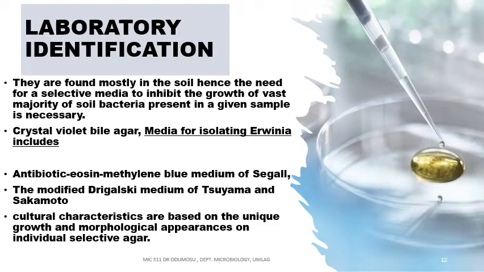How do we identify Erwinia in the laboratory? Because it has a primary soil habitat, this necessitates selective media for Erwinia isolation. Due to their predominant presence in soil, Erwinia bacteria demand specialized media to suppress the overwhelming growth of other soil-dwelling organisms.